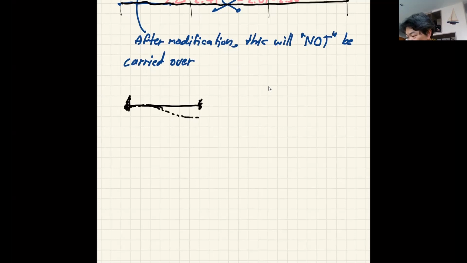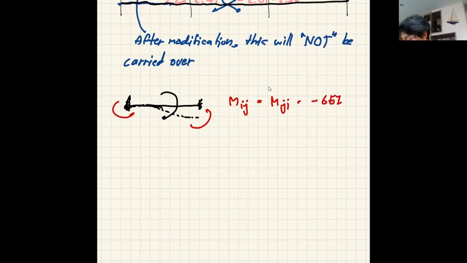So your member is rotating clockwise, and you're going to have the counterclockwise moment. All right, and we have the formula here somewhere in the sheet as well, that Mij is equal to Mji, and it is equal to minus 6EI delta over L squared.